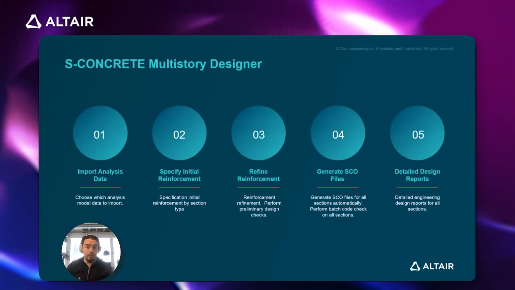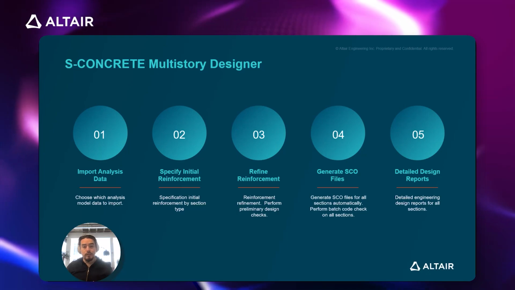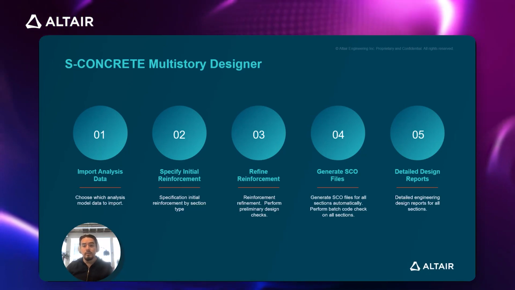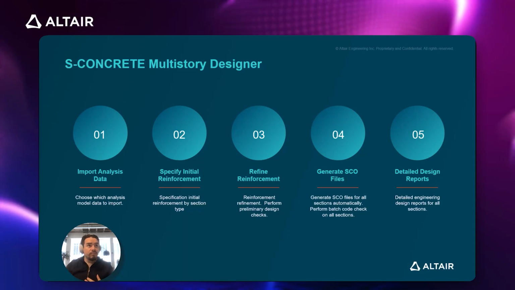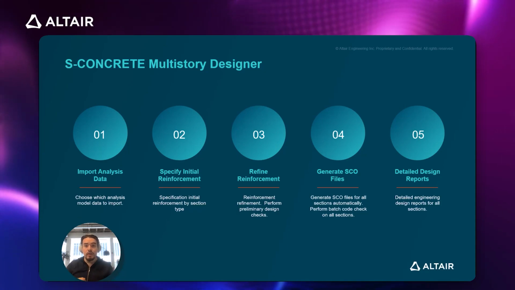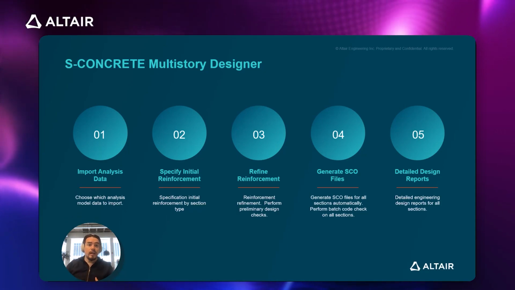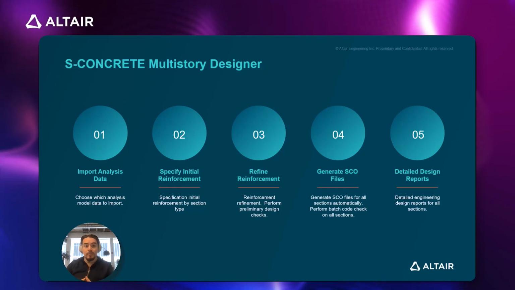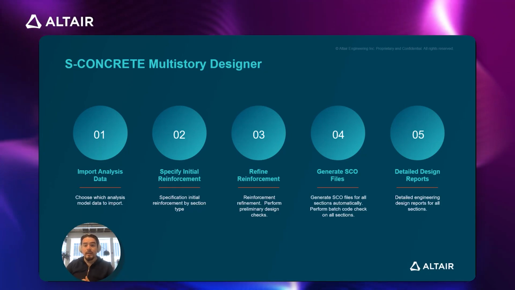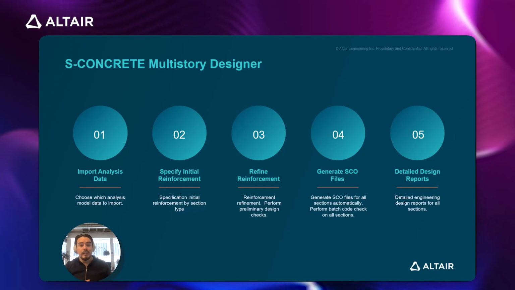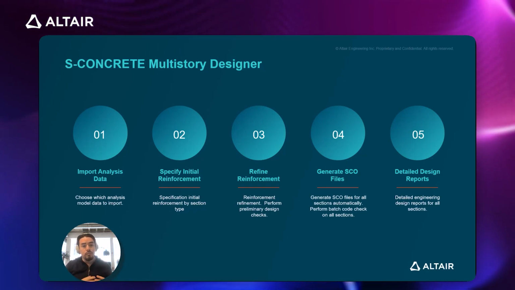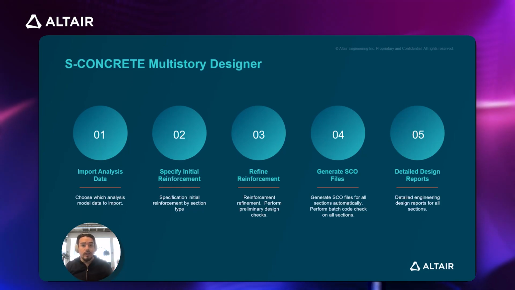But now what happens when we have much bigger, much more complex models where we have a lot of different stories and hundreds or even thousands of different sections for a building, for example. This is where S-CONCRETE Multi-Story Designer shines, because it has a 5-step workflow that allows you first to import the analysis data, and you can choose which of this particular data to import.